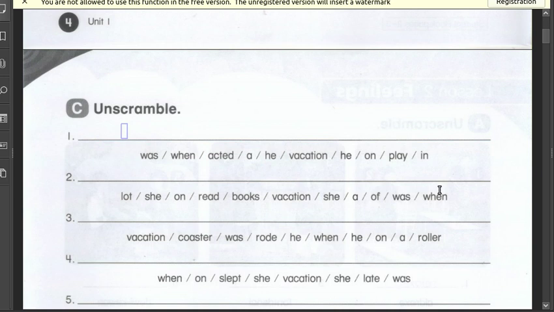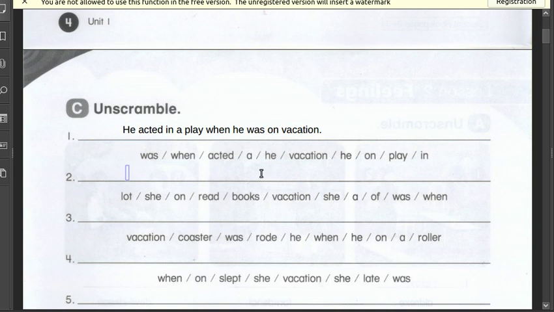So we have as an example, he acted in a play when he was on vacation.